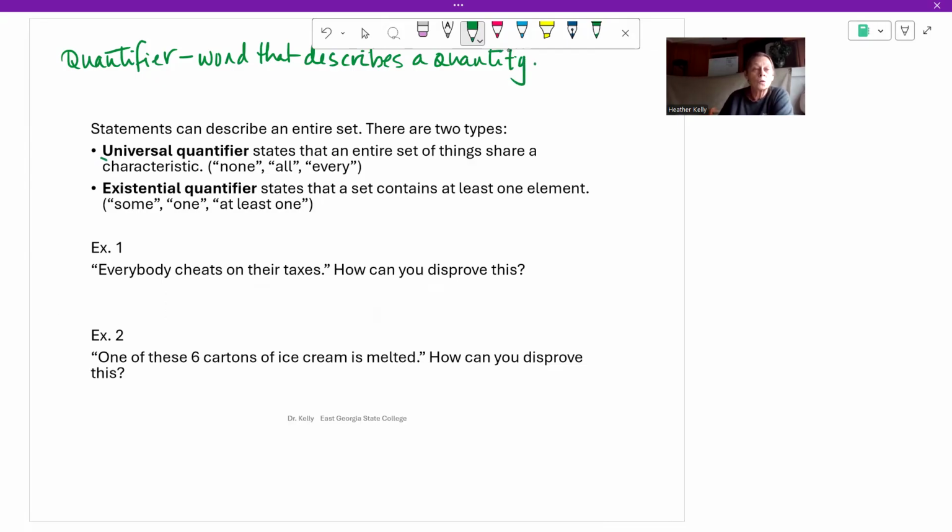Now, universal means that you're going to use words like none, all, every, something applied to each. And then an existential quantifier is something that is applied to at least one.